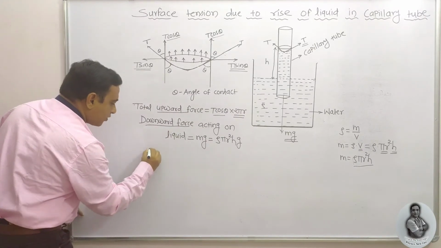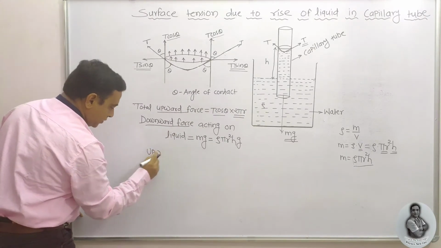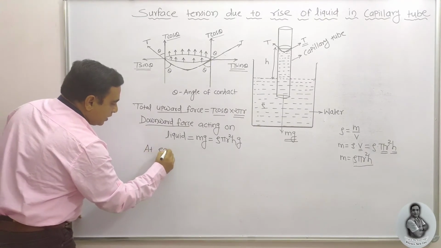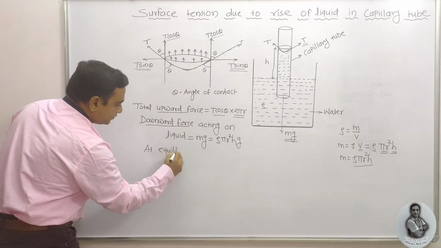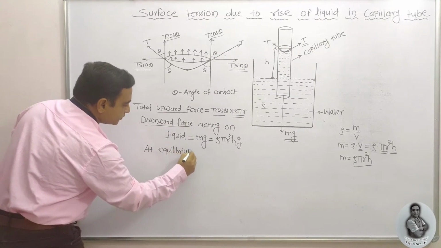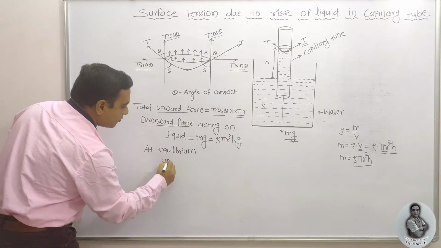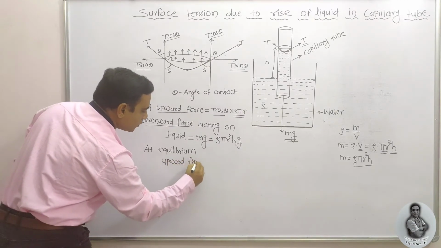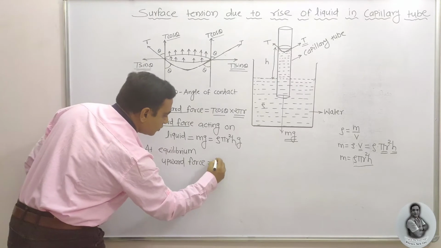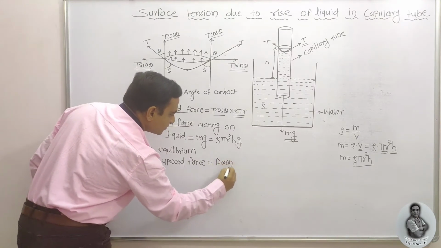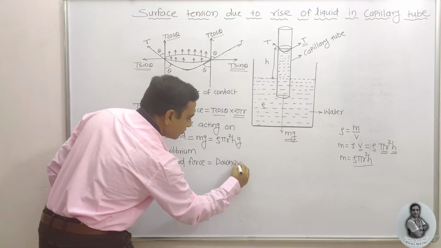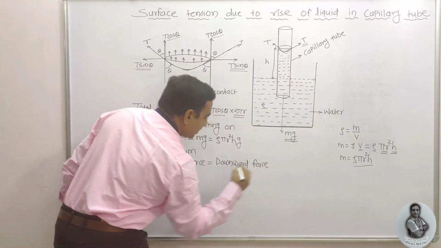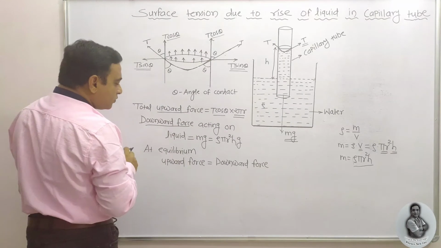So at equilibrium, upward force is equal to downward force, and hence I am going to substitute now.